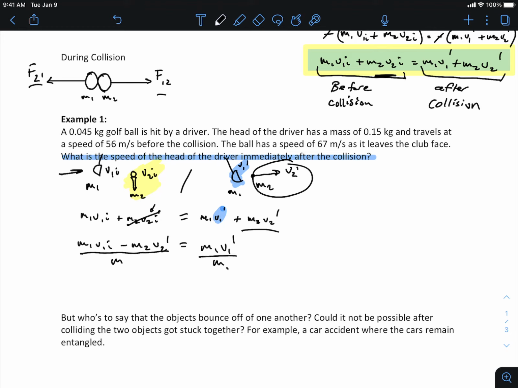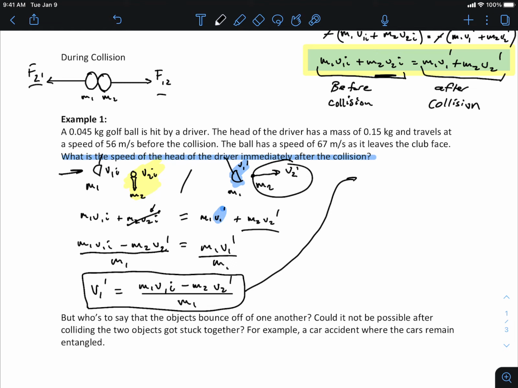And we arrive at the algebraic expression that describes what the velocity of the driver head is after the collision. So I can say V1 prime is equal to M1 V1 initial, sorry, minus M2 V2 prime, all divided by M1. And this is your equation that we can use.